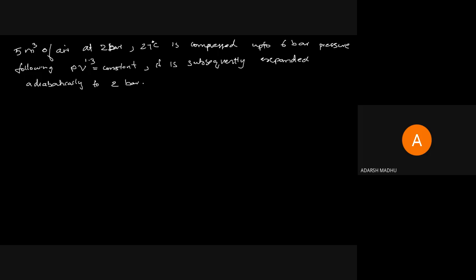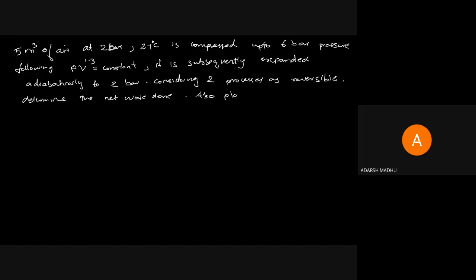Considering the two processes to be reversible, determine the net work done, not change in entropy. Also plot the process on a TS diagram.